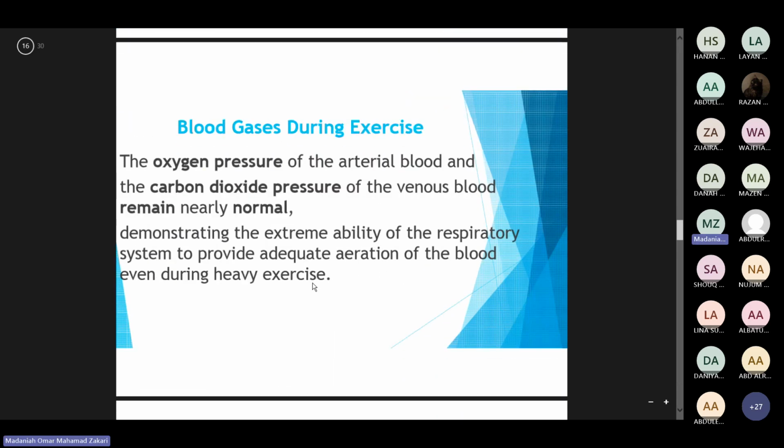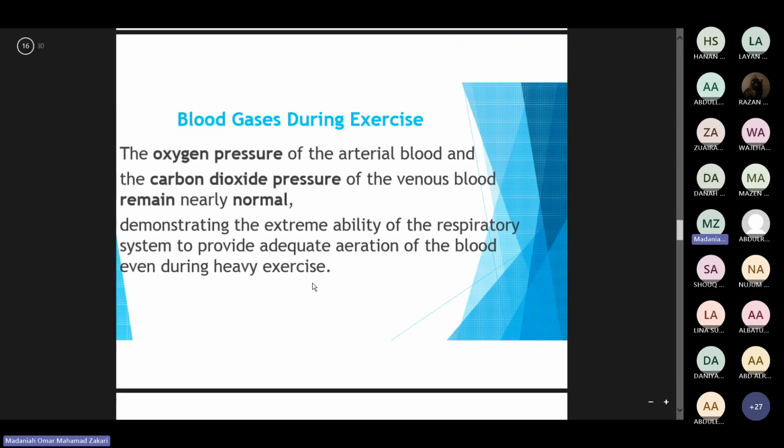All right. So not only the nervous system controls respiration, it can also be controlled by skeletal muscle. Anyway, we're going to have the blood gases during exercise.